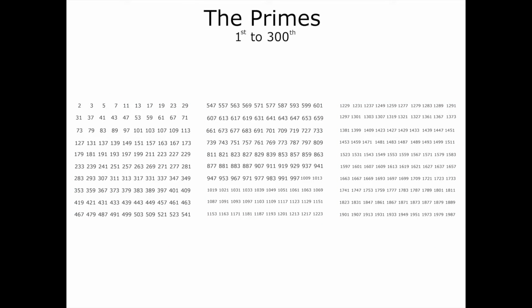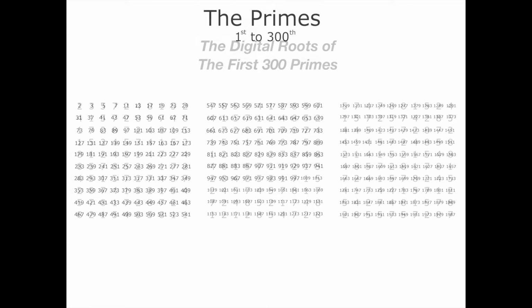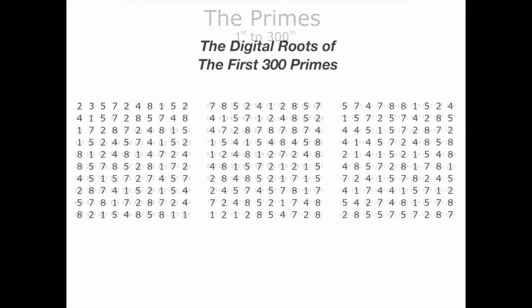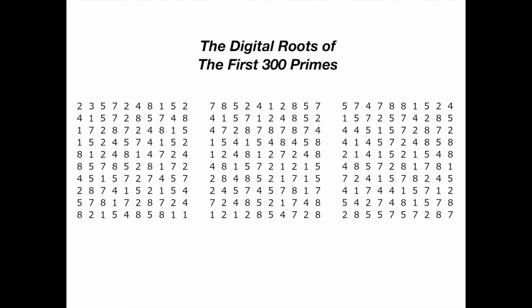So now on to the digital roots of the first 300 primes. We know that the primes will never have a digital root of 3, 6, or 9, and here I have to point out that the first appearance of 3 will be treated as an exception.